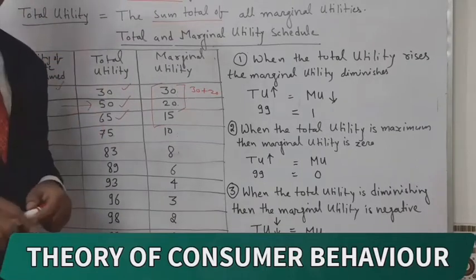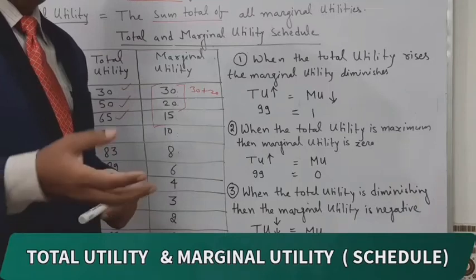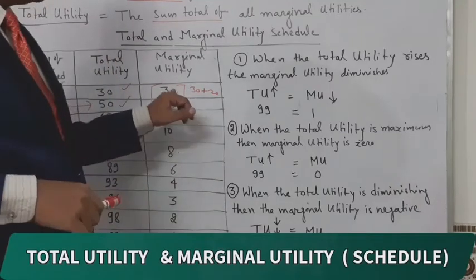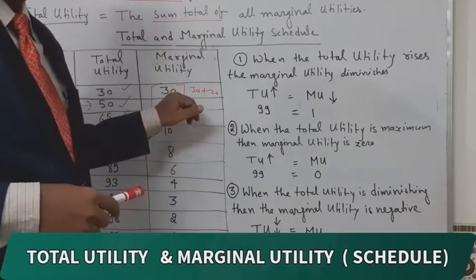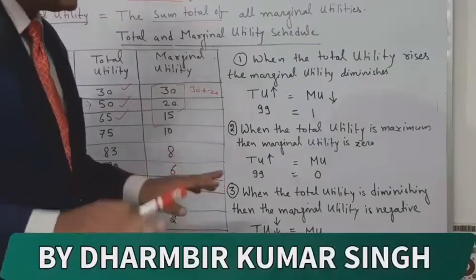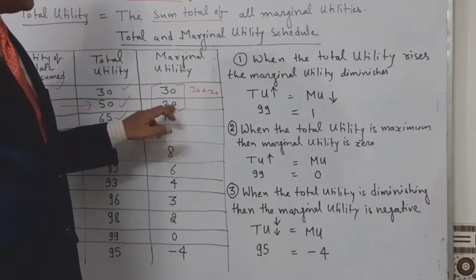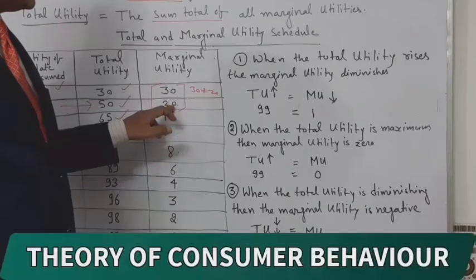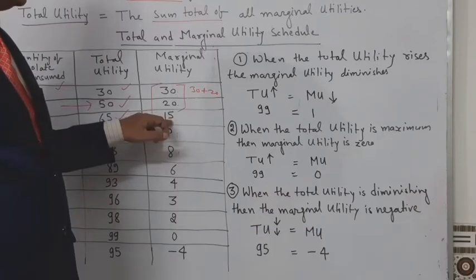Suppose I am thirsty. I need 2 glasses of water. I drank 2 glasses of water. If anybody gives another glass of water, then my utility will decrease, not increase. My utility was 30, then 20 for the next glass, and with another glass, my utility is decreasing.